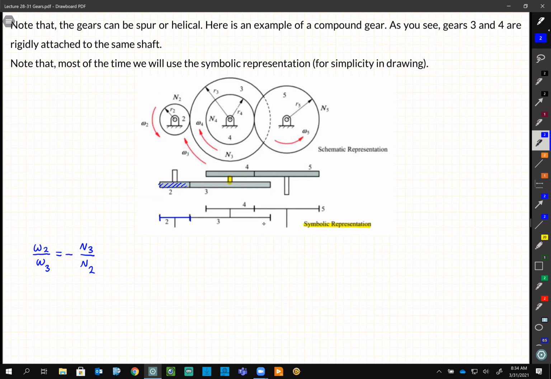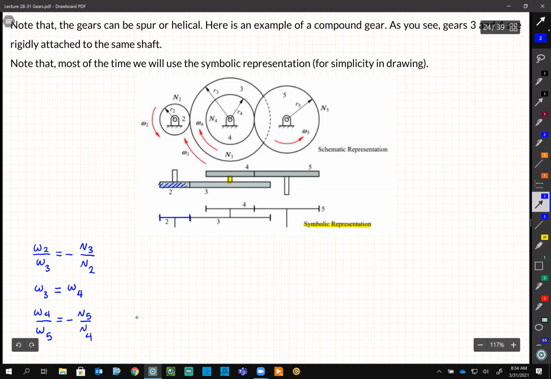Then what else do we know? We know that when omega-3 gets to omega-4, nothing changes. They have the same direction because they are on the same shaft, and the same velocity. Then omega-4 gets to omega-5, the direction will change, and it is N5 divided by N4, right?